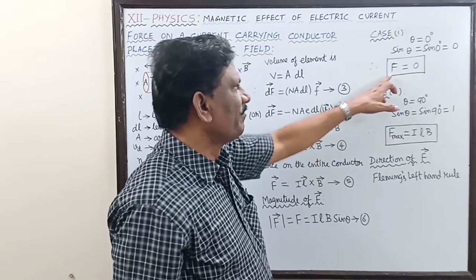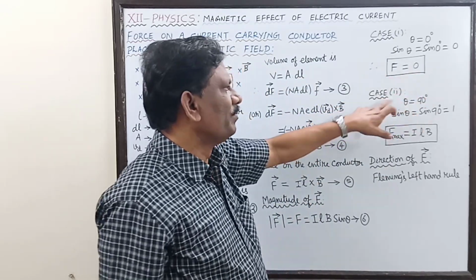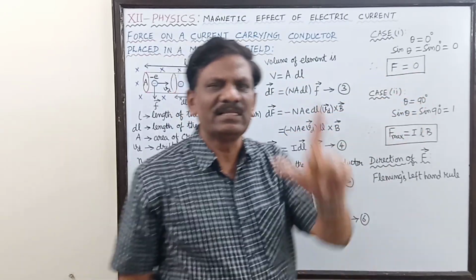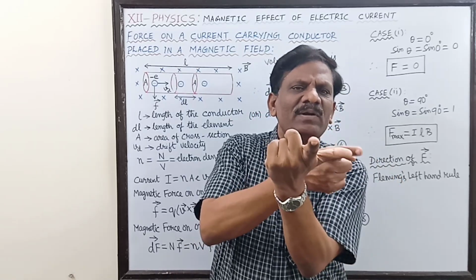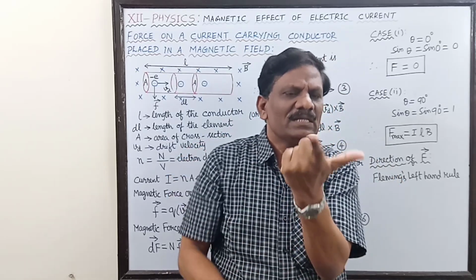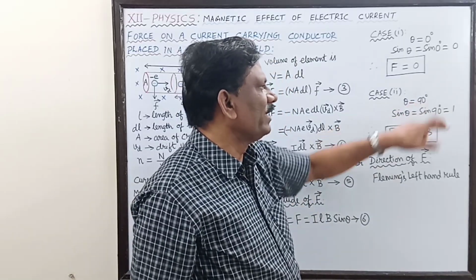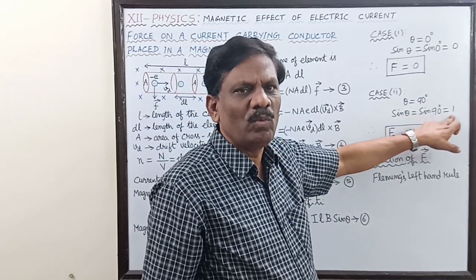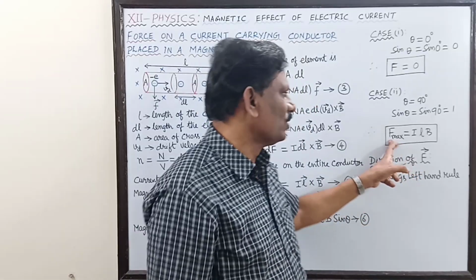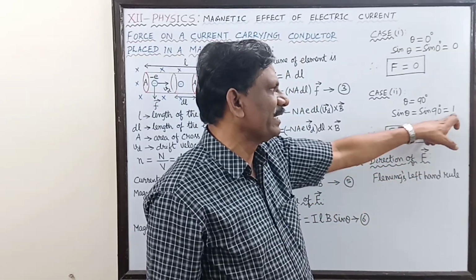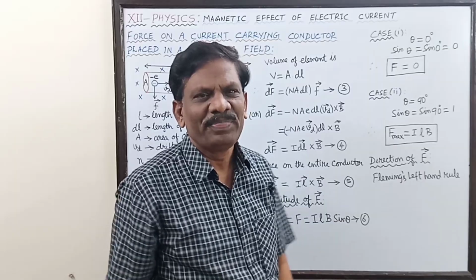Okay, so F is equal to 0. Suppose if theta is 90 degrees, the case I said, B is inward and the current element is perpendicular to B. Okay, so in this case theta equal to 90 degrees, sine theta is equal to 1. Therefore maximum force will be experienced by the conductor. So it must be I L B into sine 90, that is I L B.